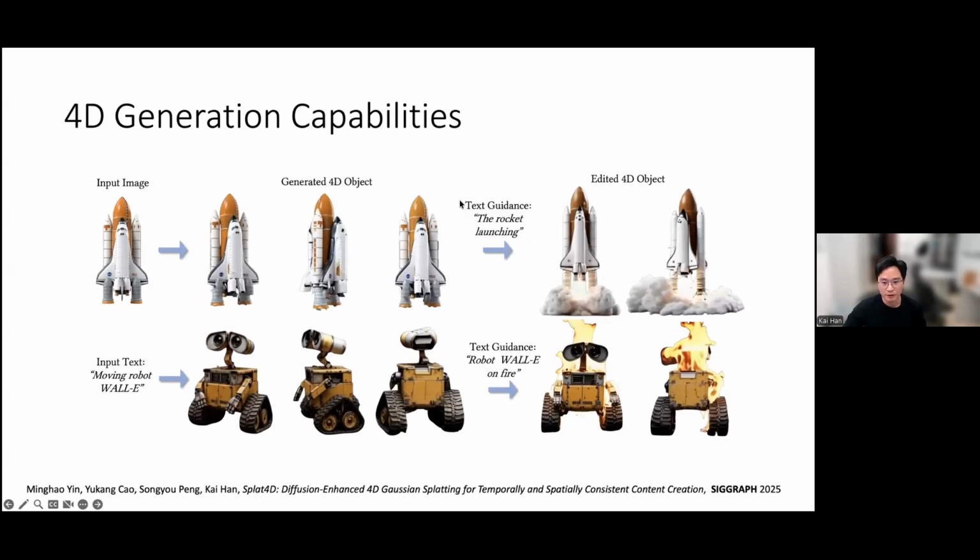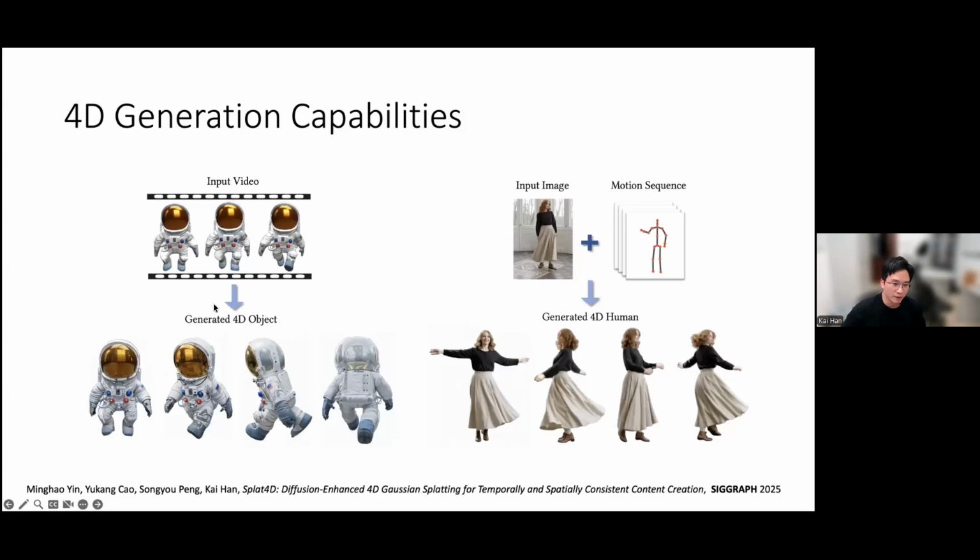We also want to do some editing following certain text guidance, for example, the rocket launching, and we hope that we can edit the 4D object so that it becomes a launching state. Similarly for this robot volley example, we want it to be on fire, and then we get this effect. Or if we have some video and we want to get the corresponding 4D, or some input image and also motion sequence guidance, we can get the corresponding 4D human. So this is the task.